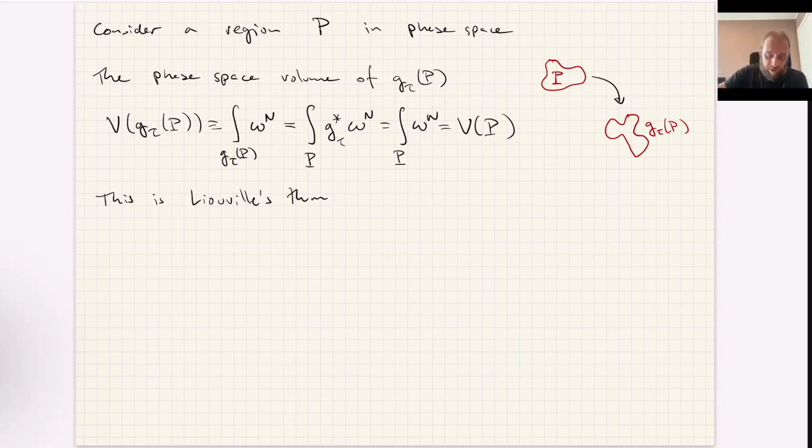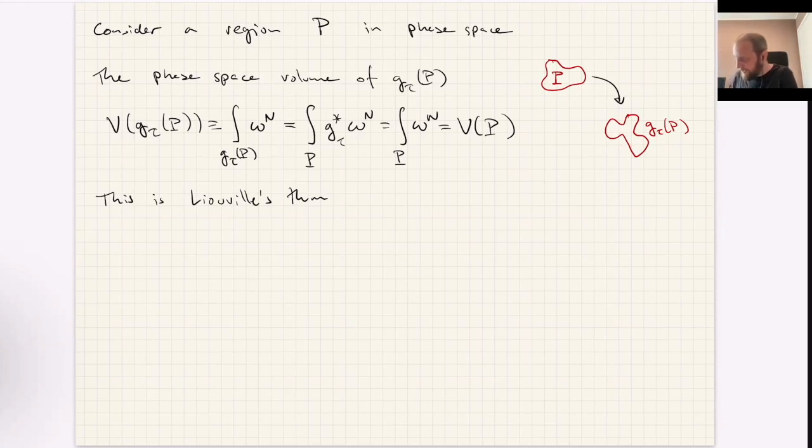We could choose omega to the k as the natural 2k-form, and the 2k-dimensional volume of the region would still be preserved under Hamiltonian flows. So this is actually even more general than Liouville's theorem.